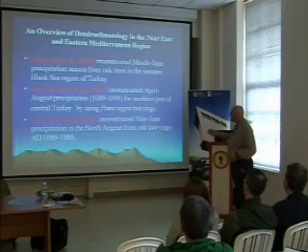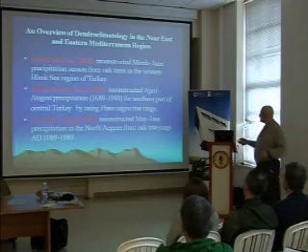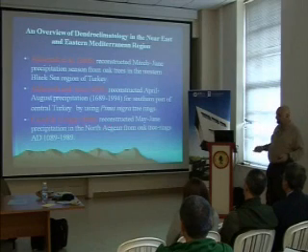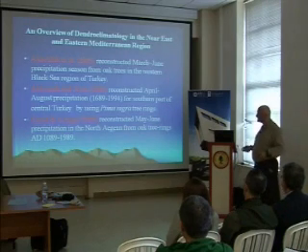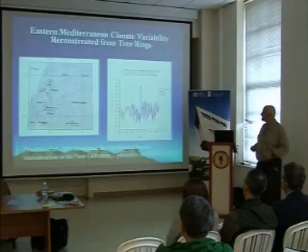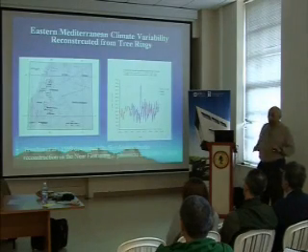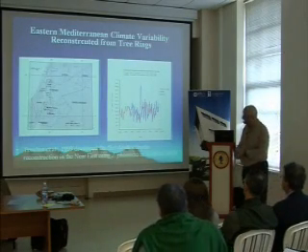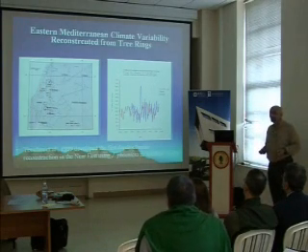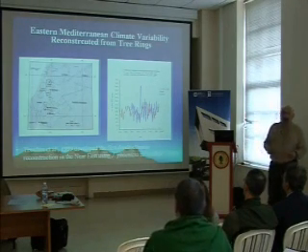Then Ekmek followed with another study, 2000. Then Carol Griggs from Cornell University, her PhD was on reconstructed May-June precipitation in the North Aegean.